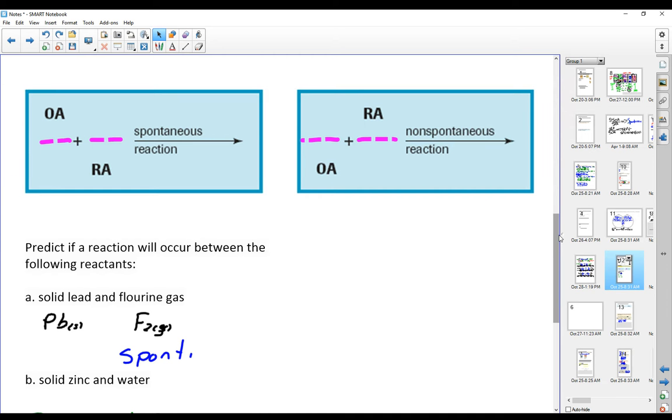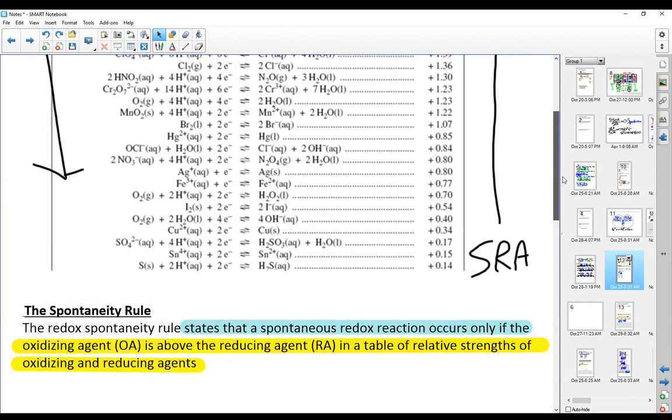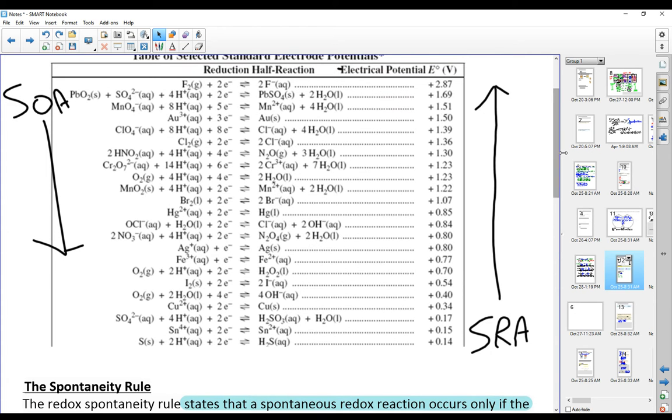And what you'll see below that is: predict if a reaction will occur between the following reactants. So you're going to use the table here, and you need to predict whether we will have a spontaneous or non-spontaneous reaction. Our first one is lead and F2. Go up to our table, and we find F2, which is here. And then we also have lead solid.